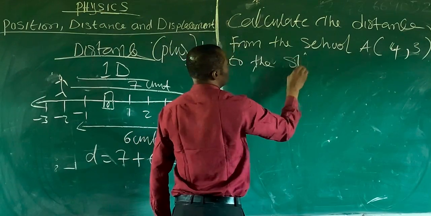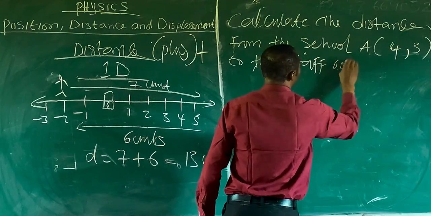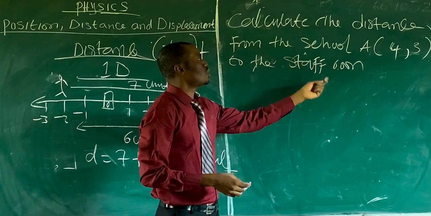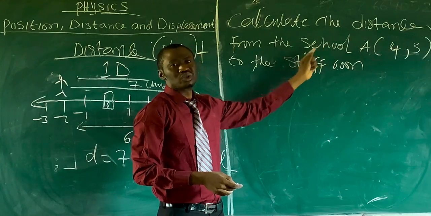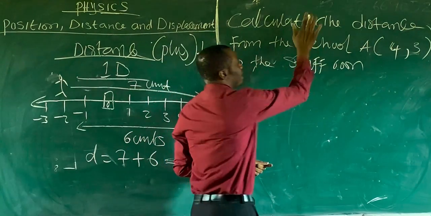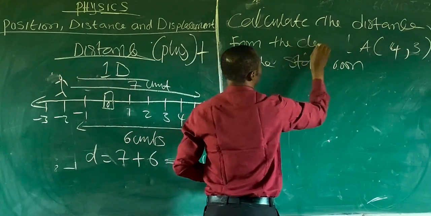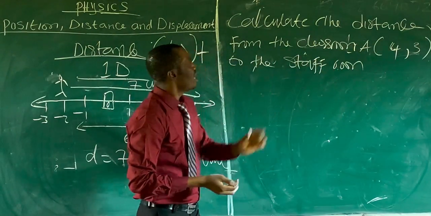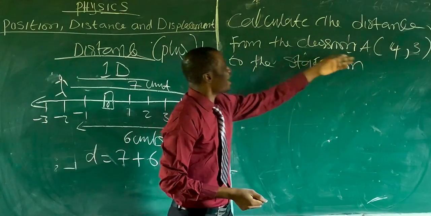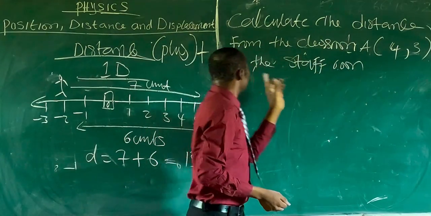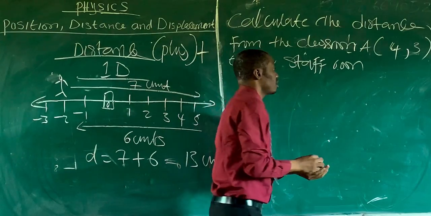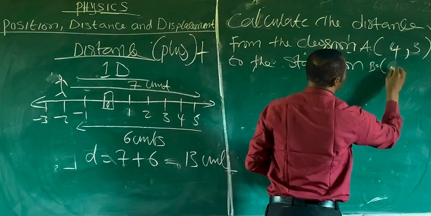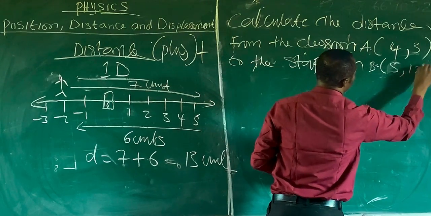If you say school and staff room, it's somehow complicated. Let's say classroom here. This is the classroom. I think this makes more sense. Calculate the distance from the classroom, which is A, to the staff room, which is B. So this is B now. We have B to be (5, 12).